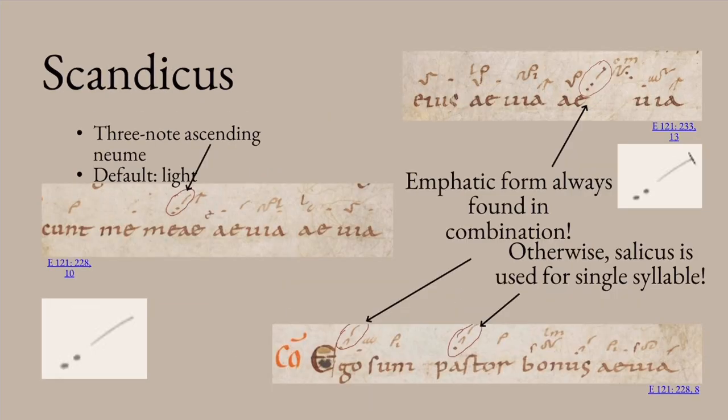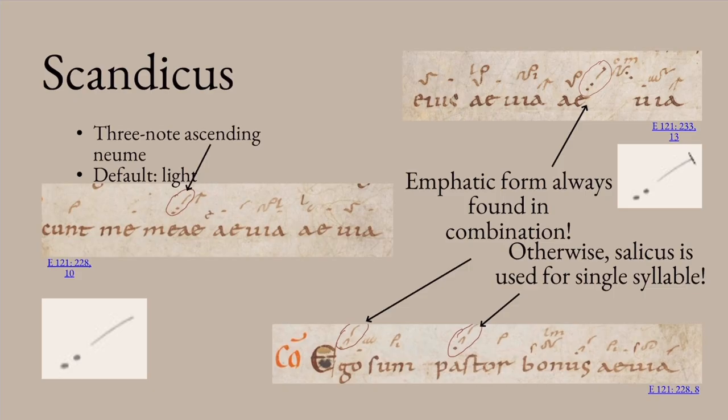It is a three-note ascending neume, and as always, the default movement is light. The emphatic form is always found in combination, meaning you are never going to see the emphatic form of the scandicus just on a single syllable. You'll see a salicus though, and I'll address that in a later video, but just know that for now.